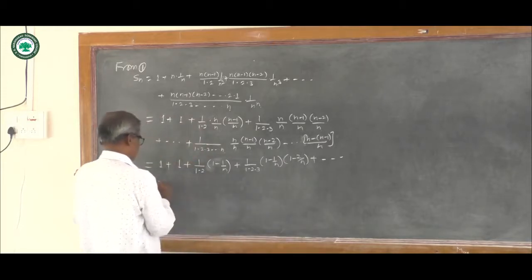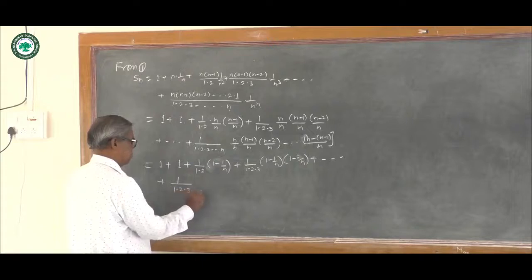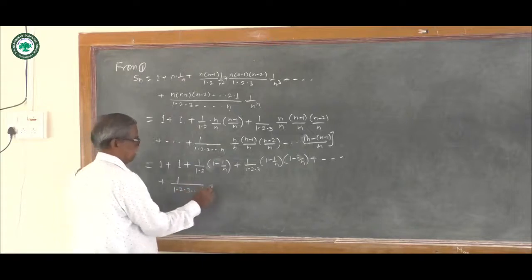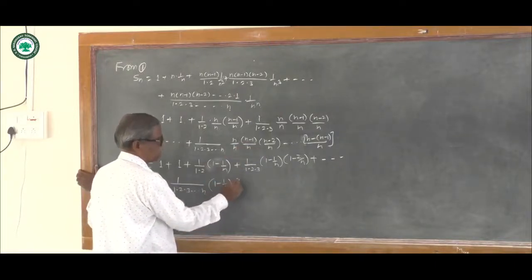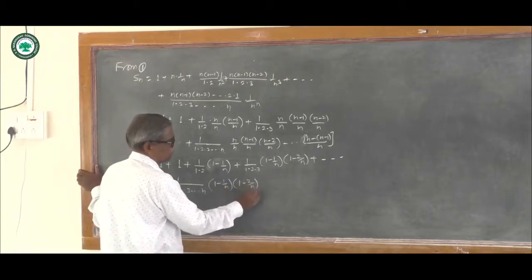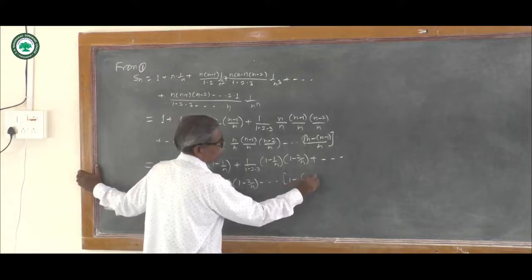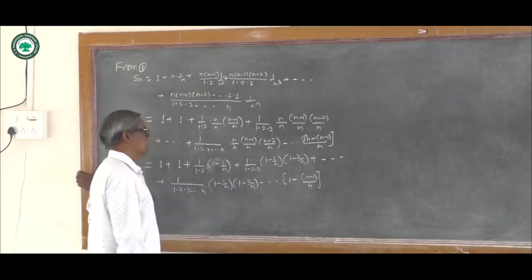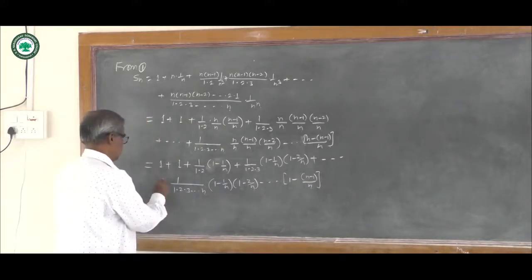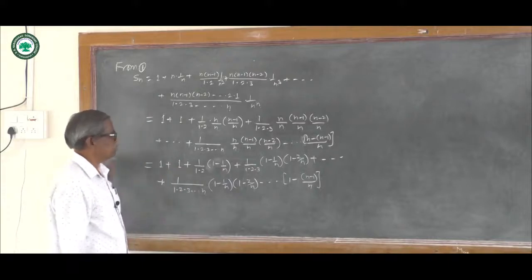Last term is plus 1 over 1 into 2 into 3 and so on up to n, n cancels, and n minus 1 upon n becomes 1 minus 1 by n into 1 minus 2 by n and so on, up to 1 minus n minus 1 upon n. Simplification above becomes 1 plus 1 plus and so on.